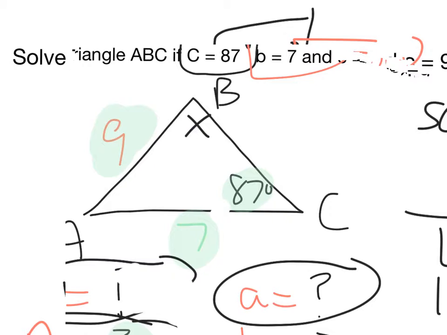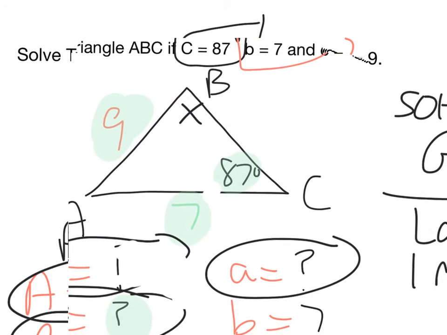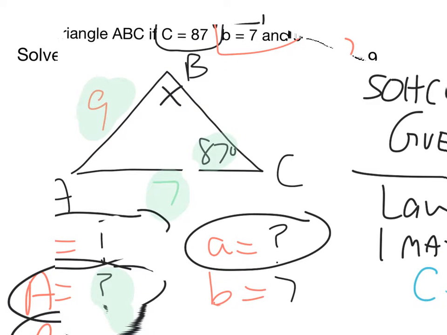See, the challenge of these questions is to try to figure out which of the missing parts you have enough information to solve for. And here the only piece that we have enough information to solve for is angle B. So we're going to use the law of sines to find angle B. And big B is what I'm solving for.